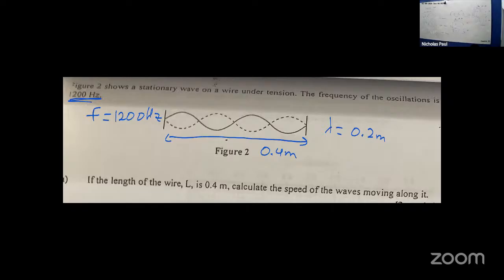Half of this. Two waves, right? So speed of the wave is what? V is equal to f lambda. f is 1200 by 0.2. How much is that? That's it. 240 meters per second, right?